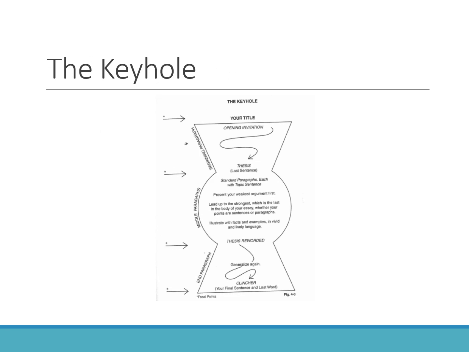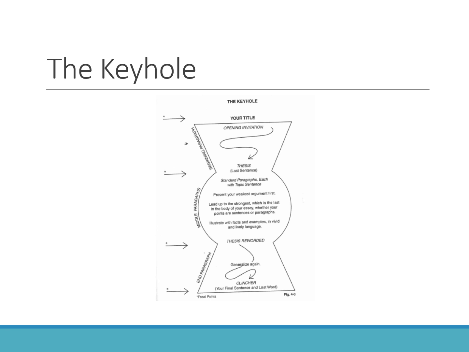So the overall structure of your paper should look like a keyhole, where you start with an open invitation in that first paragraph, going from broad to narrow, ending with your thesis. The middle paragraphs are going to be presenting that evidence and making your arguments. You want to make sure that you have citations and that evidence in there.